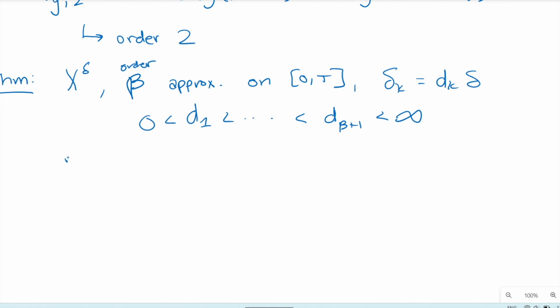Then we can get an order 2 beta approximation given by the following.